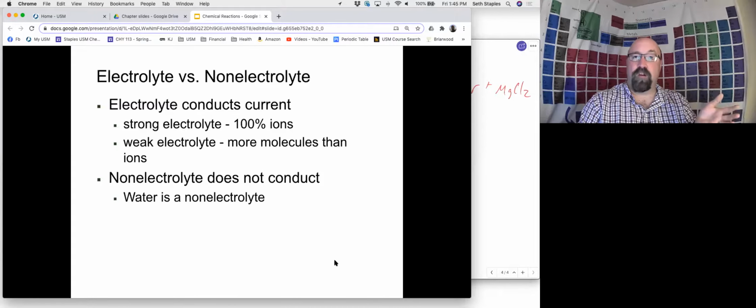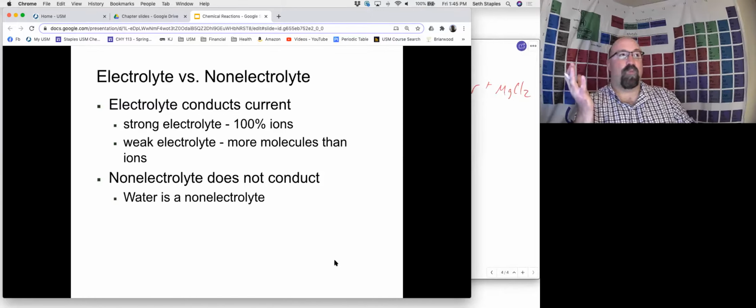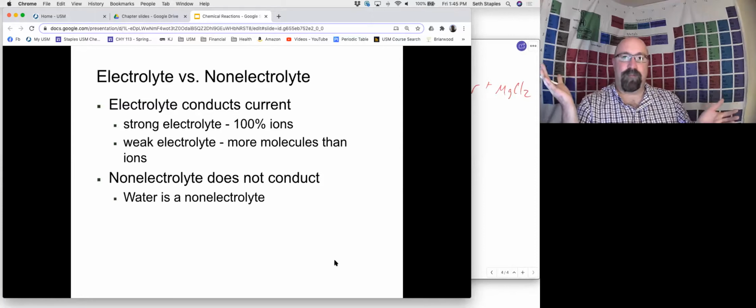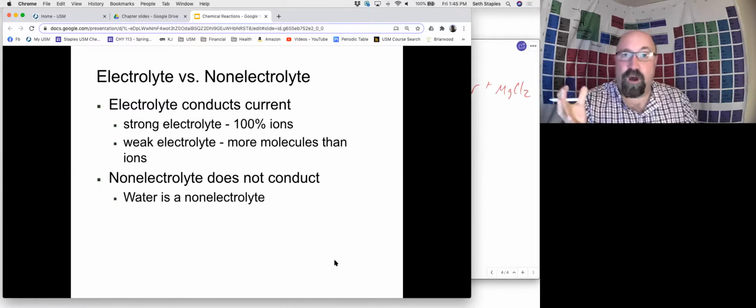For instance, water is a non-electrolyte. Now I hear some of you thinking, well, geez, I know that water actually does conduct electricity though. You know, I don't want to be sitting in a lake when lightning zaps it. I'm going to be in trouble. And you're right. But that's not pure water. What's happening there is that there are absolutely electrolytes within the water. There are ions dissolved in the lake.